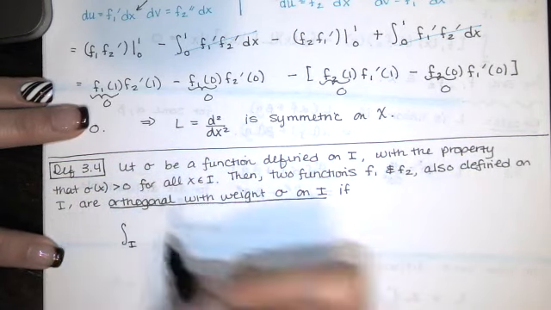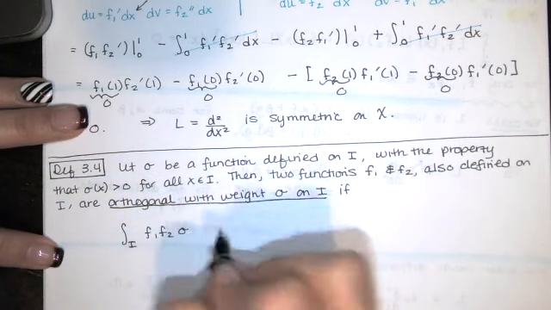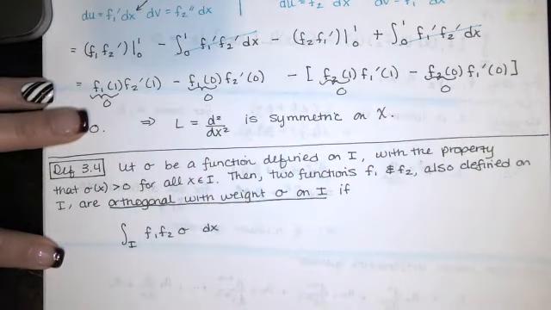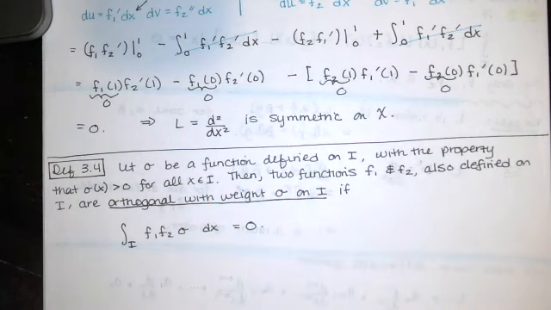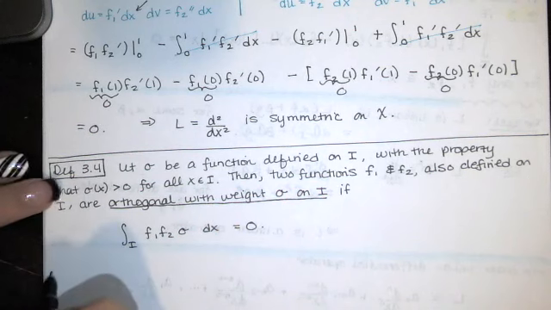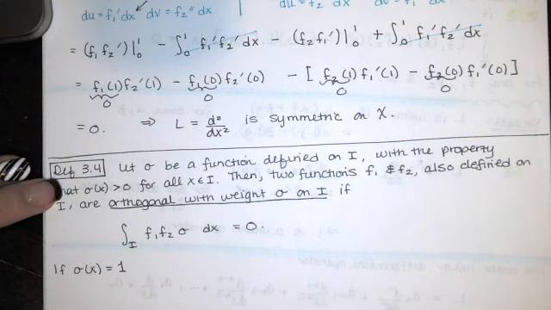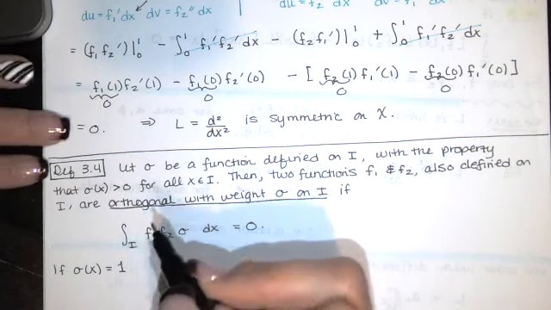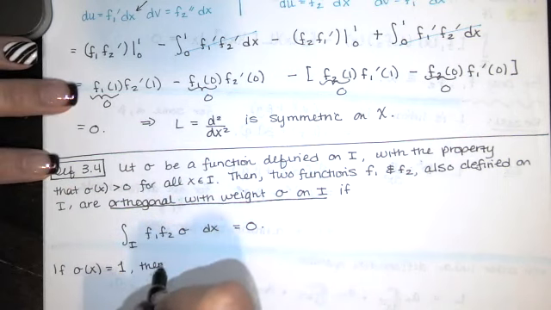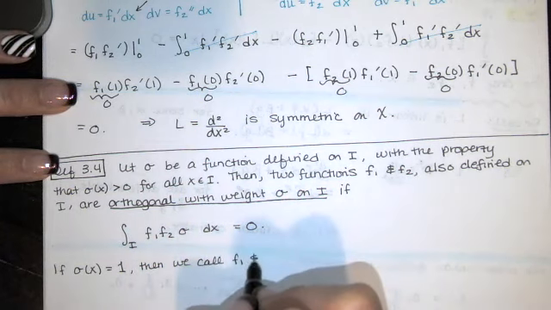If the integral over I of f1 times f2 times sigma, and those are all functions of x, with respect to x, is equal to 0, then we say that those two functions are orthogonal to each other with weight sigma. Now, if sigma is just the function y equals 1, it's 1 all the time, then we call f1 and f2 just orthogonal.